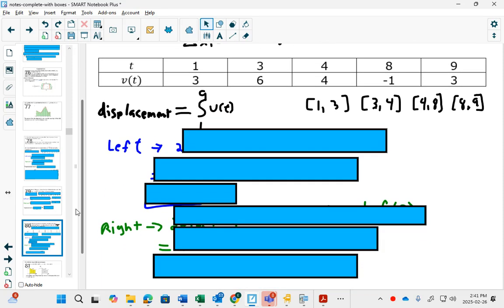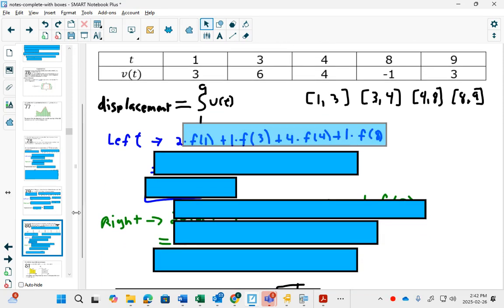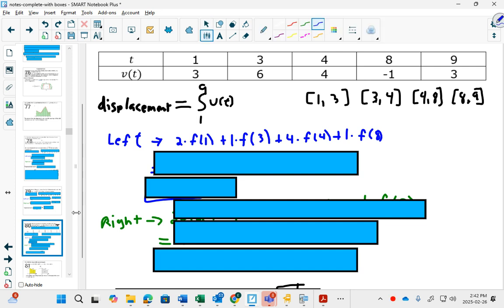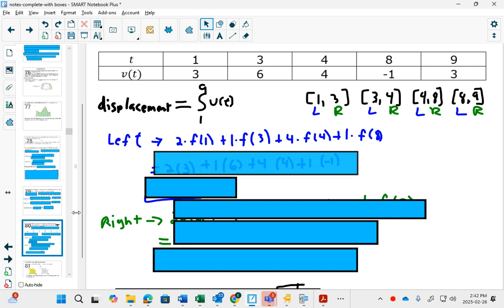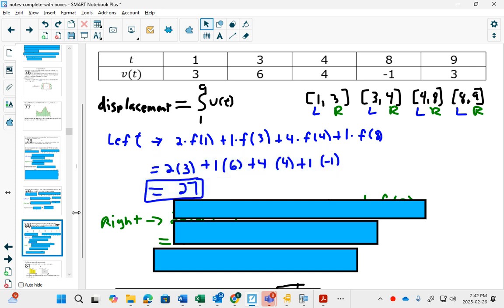So we can use our left points and our right points. And notice this time we don't factor out because each of the widths are different. So for the left points, you would plug in the 1, the 3, the 4, and the 8. And for the right points, you plug in the 3, the 4, the 8, and the 9. We get a left sum of 27.